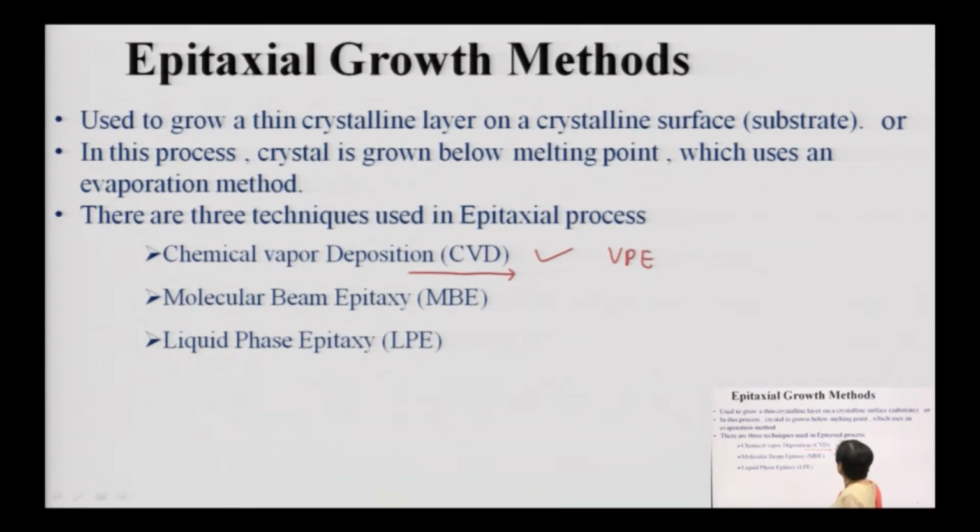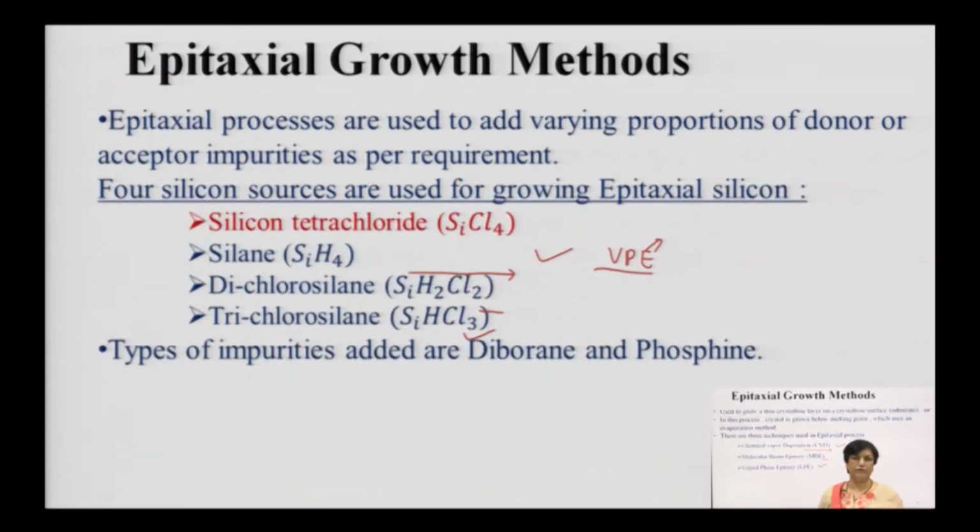Vapor phase epitaxy is specific to the epitaxial growth process, and therefore it is a subset of CVD. Then there is molecular beam epitaxy, which is a very high end process, and the third one, liquid phase epitaxy, which is not suitable for silicon, but is generally used for heteroepitaxial growth. We will see that also. I will give you an introduction to that as a part of our epitaxy.